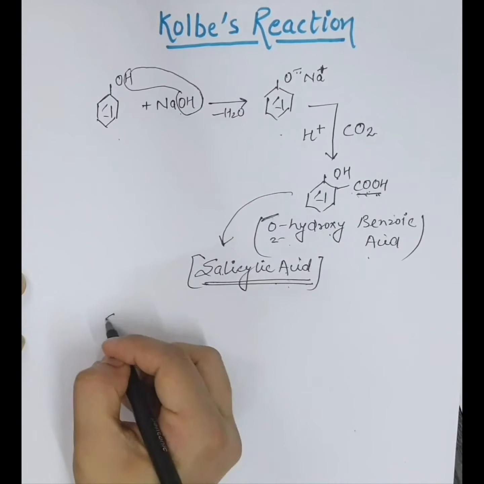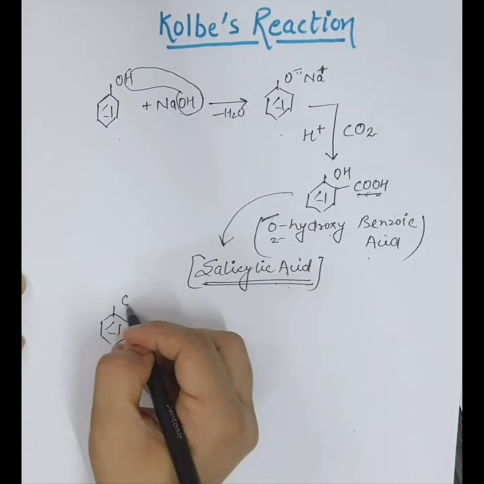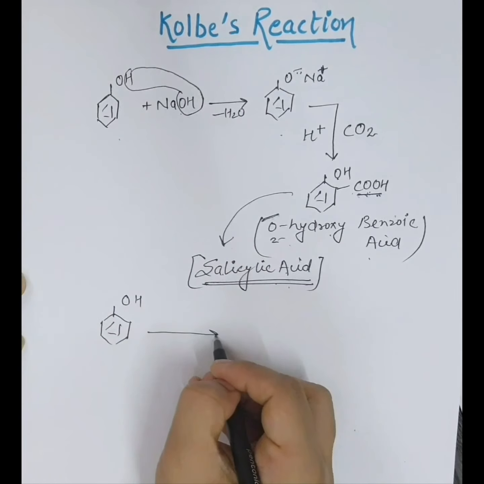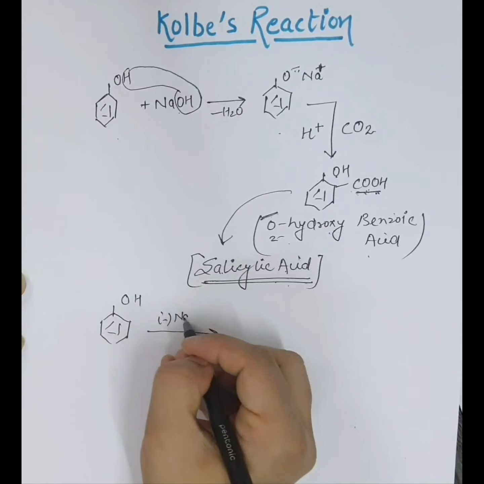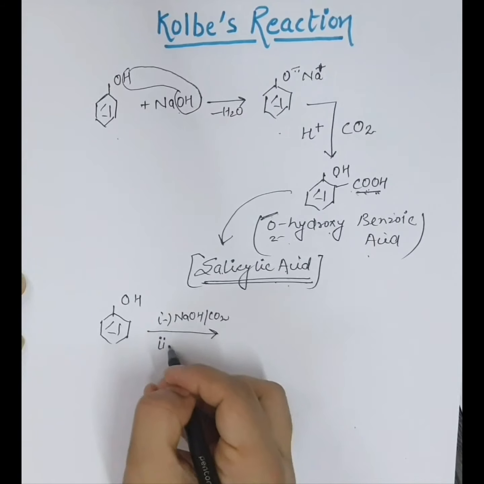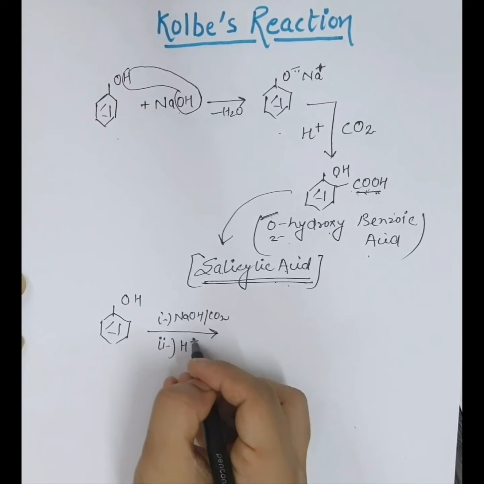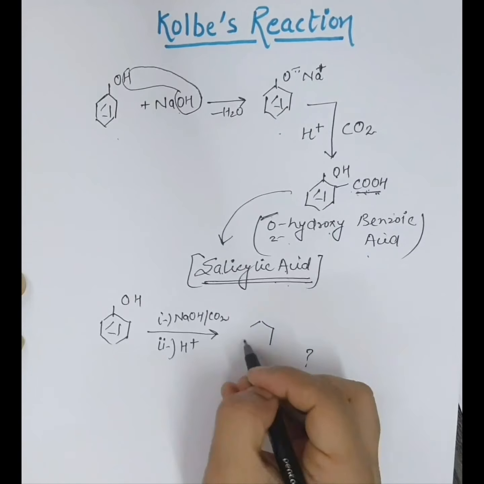If this reaction comes as complete the following reaction, then you have to give the reaction like this: phenol, in the first step NaOH and CO2, followed by acidification. Then what will be the product?